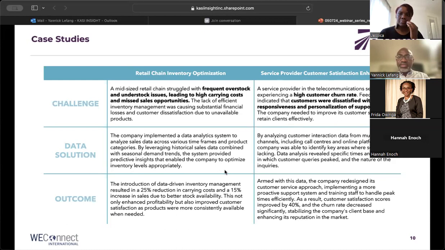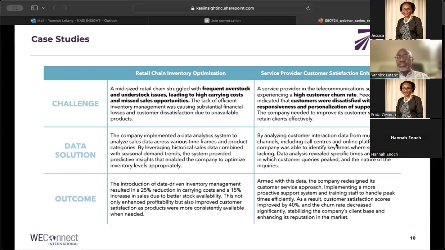Another example is about efficiency, for a company experiencing high customer churn, where customers come in, but they leave. So analyzing why they are not satisfied and really providing personalized support for them.